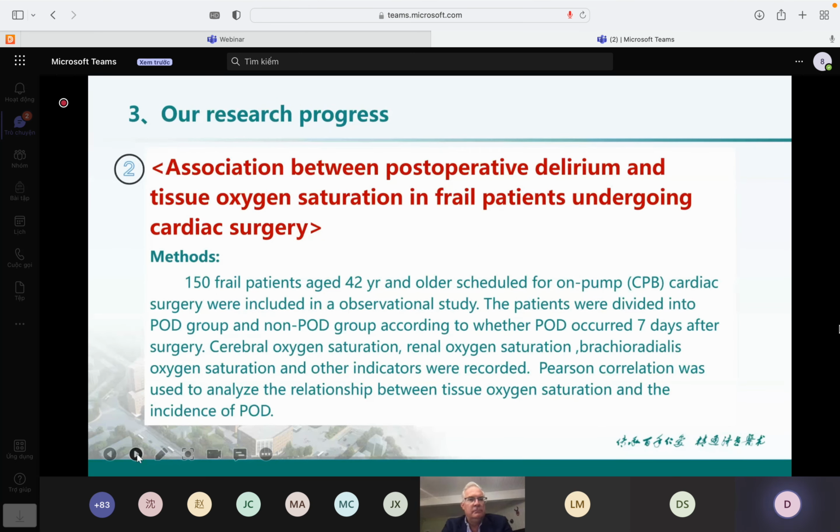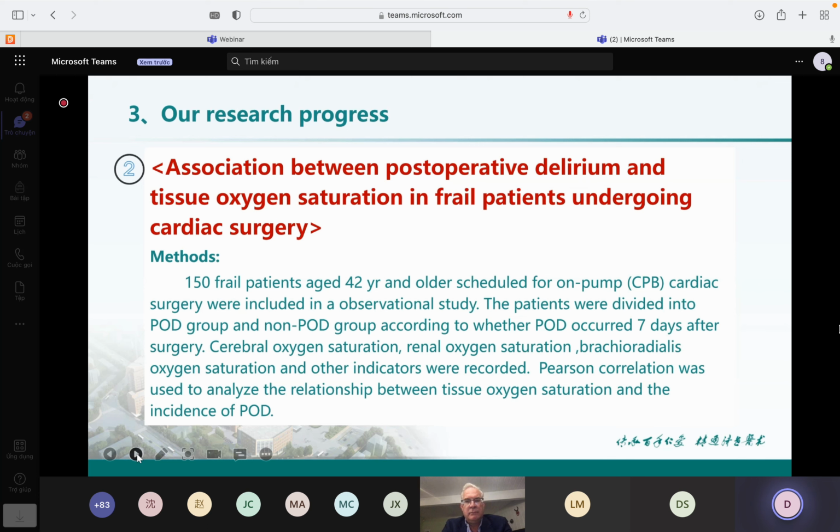Our second research title is Association between Postoperative Delirium and Tissue Oxygen Saturation in Frail Patients Undergoing Cardiac Surgery. 150 frail patients aged 42 years and older scheduled for on-pump cardiac surgery were included in this observational study.